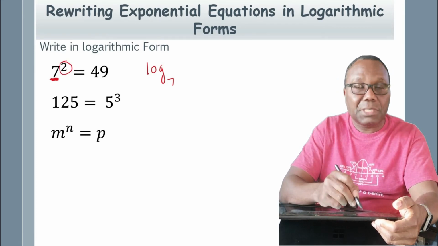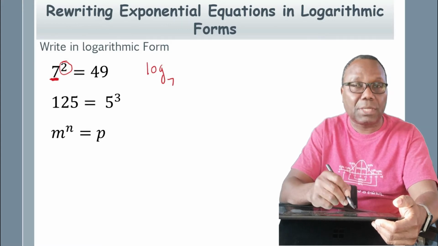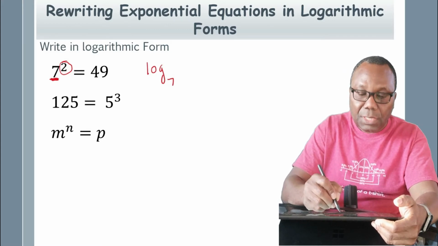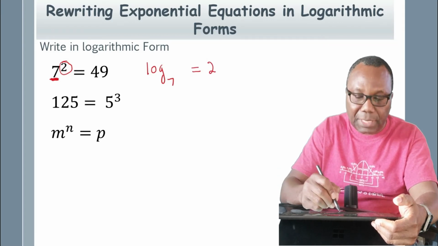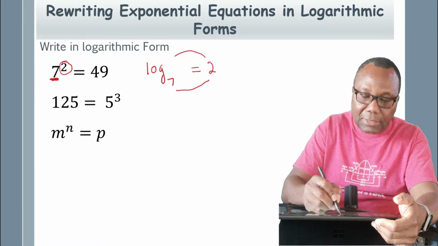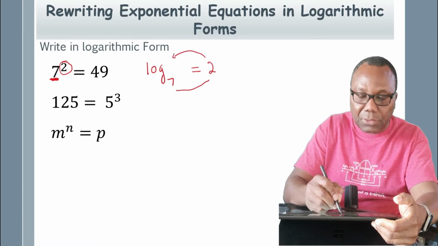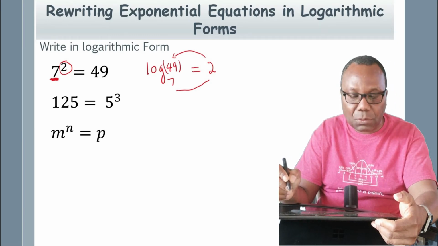So that's the result. That's what we are going to raise 7 to get the input. So the answer is going to be that 2. That's the exponent to which we are raising 7. And then the result, the number that we're going to get, is the 49. And that is the exponential form of that equation.